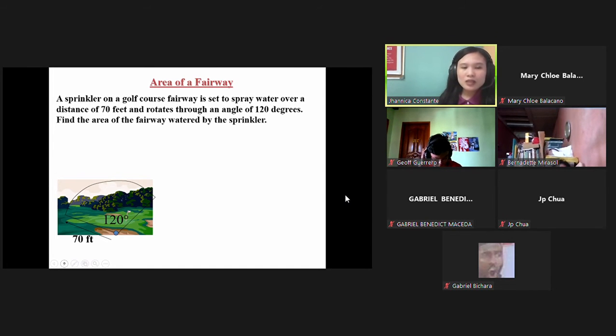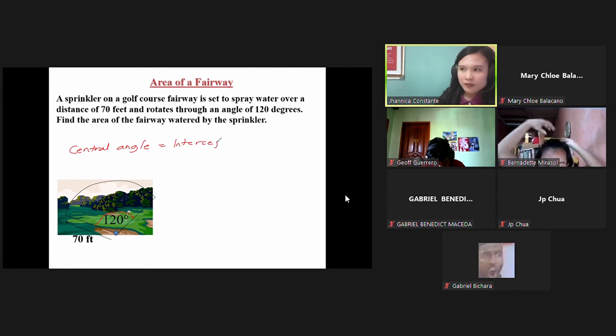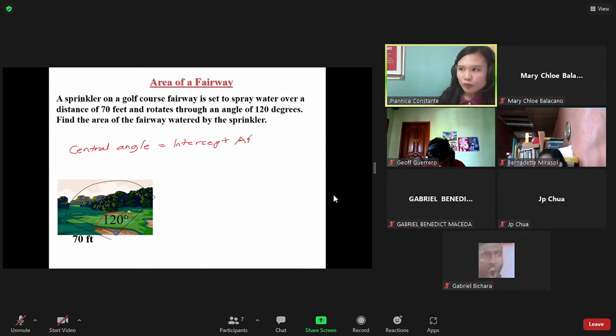Okay. So since the given is the angle of the sprinkler, which measures 120 degrees, and we have the measurement of the radius or the distance of the sprinkler, which is 70 feet, we have the theorem about central angle, that the central angle is equal to its intercepted arc, or congruent to the intercepted arc.